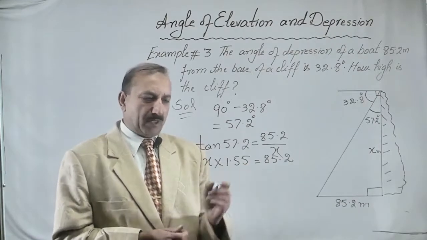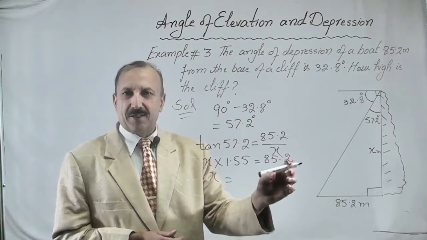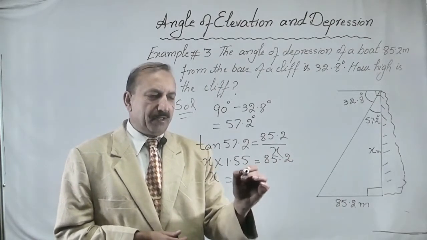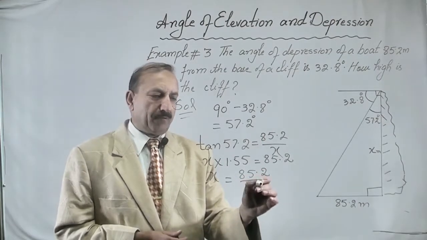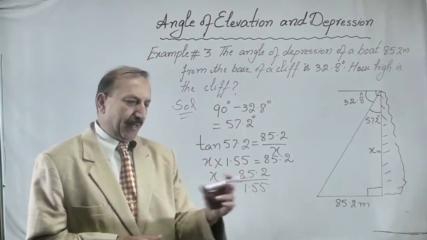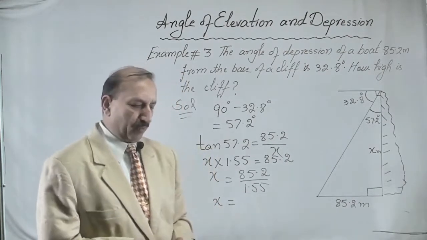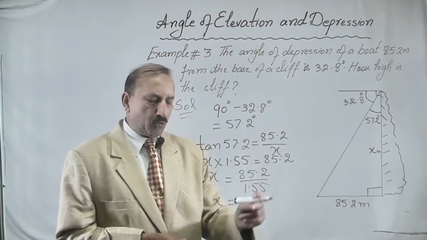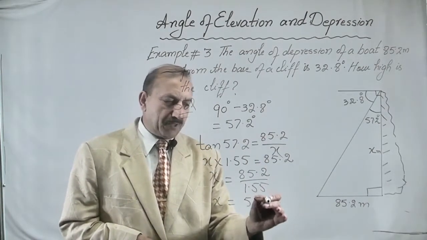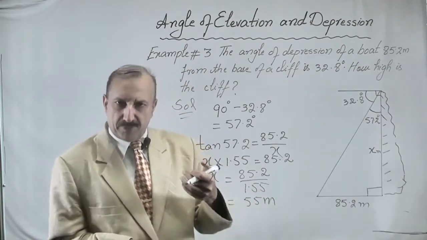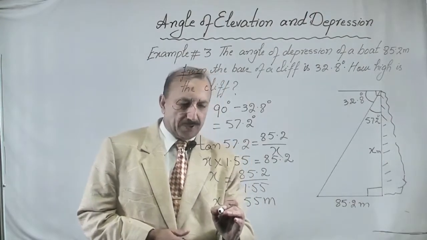Now x will be equal to 85.2 divided by 1.55, my dear students. With the help of a calculator, when we divide 85.2 by 1.55, we will get 55 meter length, and this is the height of the cliff.